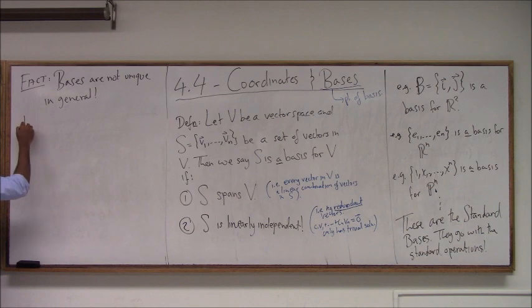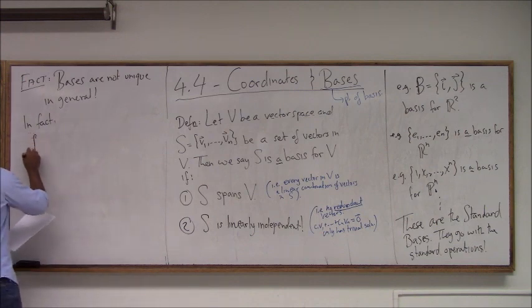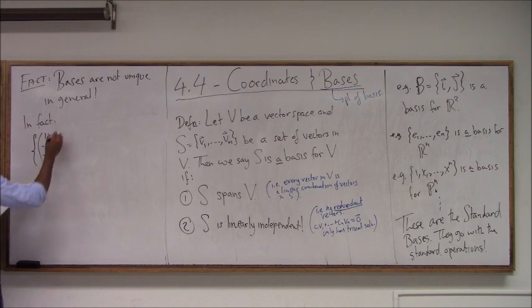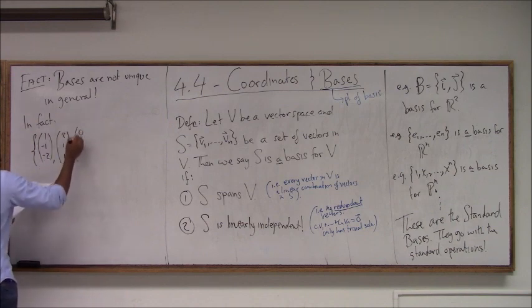In fact, based on the last two lectures, we kind of showed this with a set of vectors. There was the example here, when we looked at those three vectors in R3, (1, -1, -2), (2, 1, 1), (0, 0, 1).